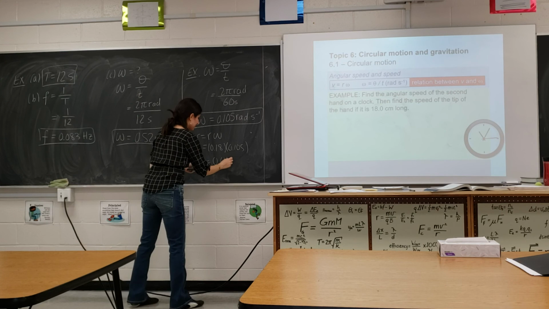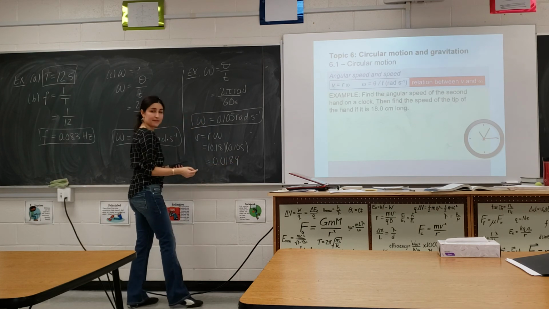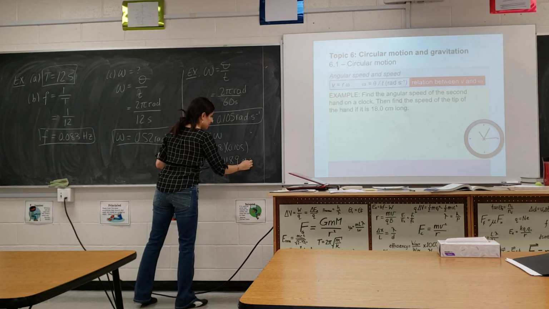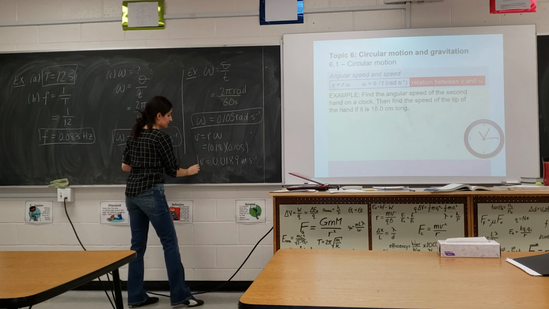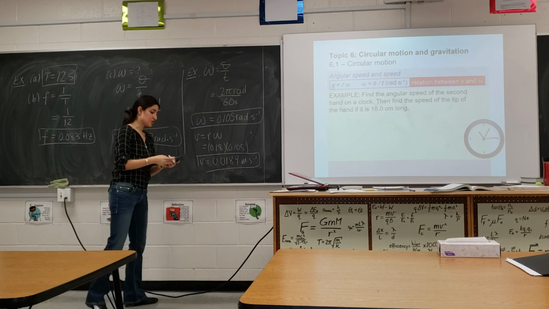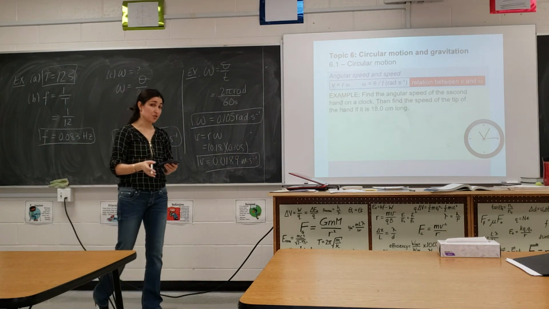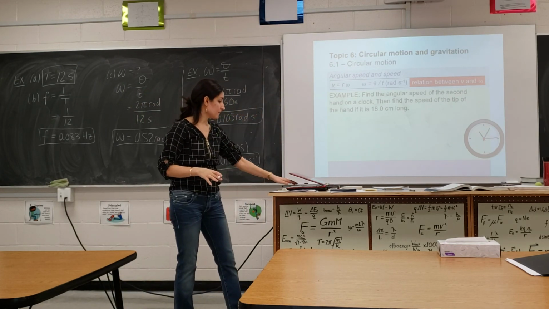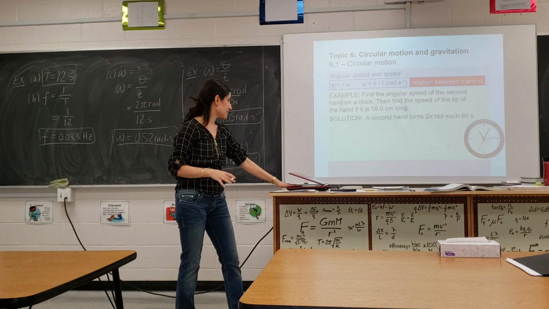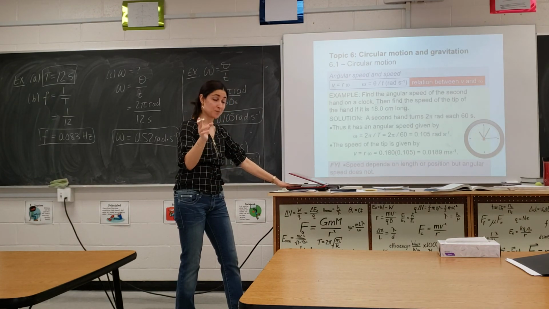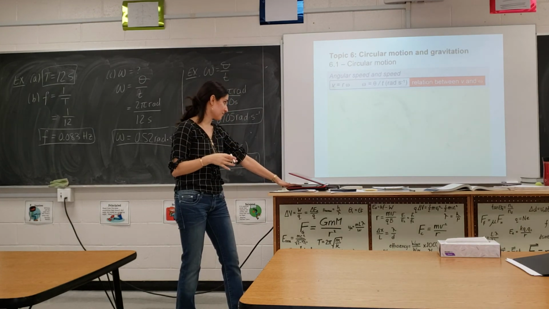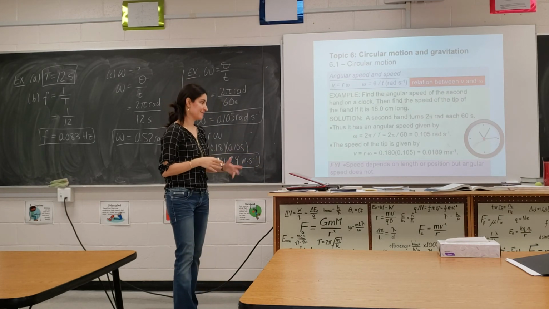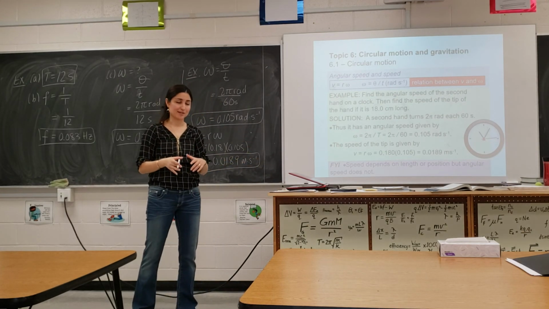So that's 3 sig figs, actually, so I think we're good there. Meters per second. Remember, if you're using any of these formulas, as long as you plug in SI units, you will get SI units out. So what I was explaining there, that the tip moves faster than a point closer to the middle, that's what this last point is communicating.